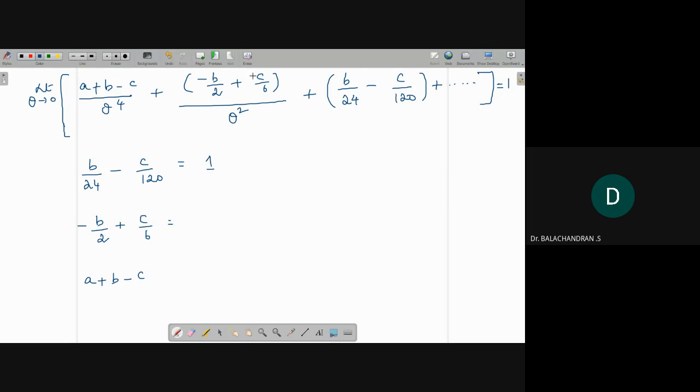Suppose if it is not equal to 0, then when theta goes to 0, some non-zero quantity divided by 0 is infinity. But you told that the limit exists and it is equal to 1. So that's why both the numerators should be 0.